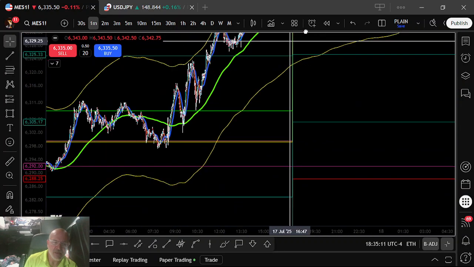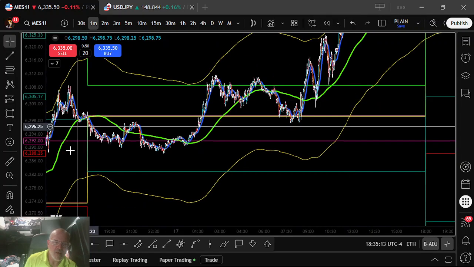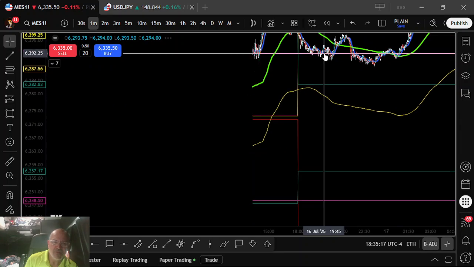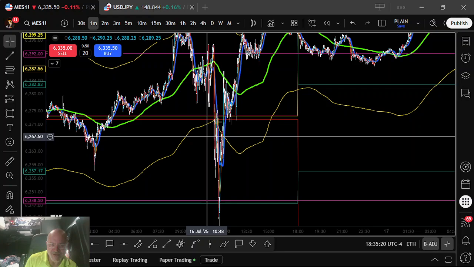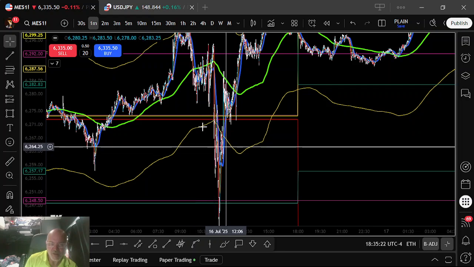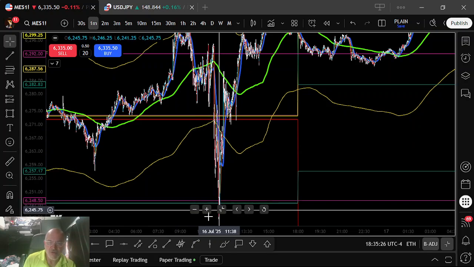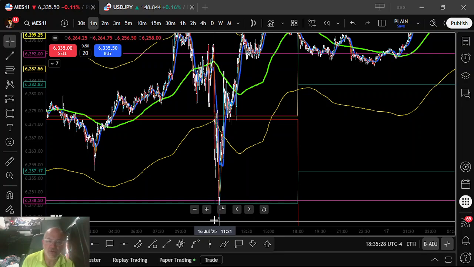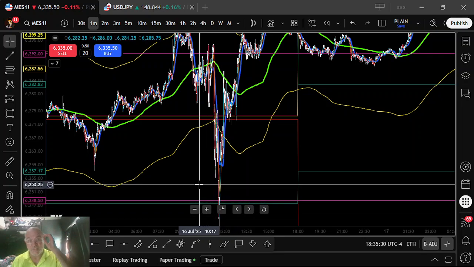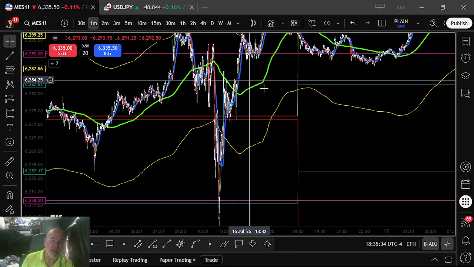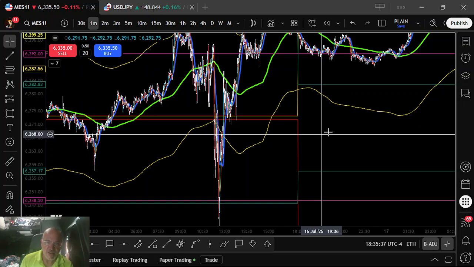As you can see, I got to go way back to find a place where it actually broke through. But you can see that when the market got to its liquidity point, it immediately reversed and got back inside of those deviations.